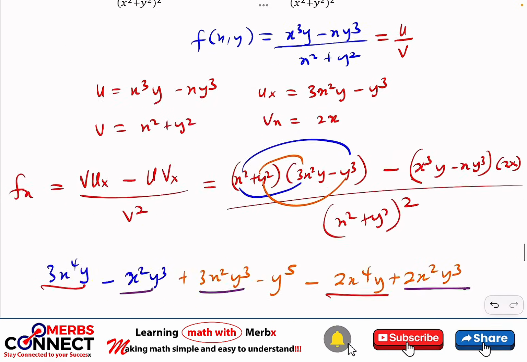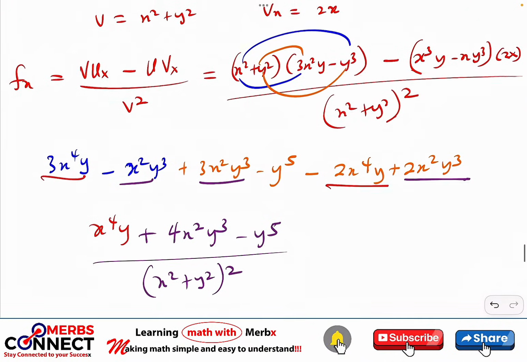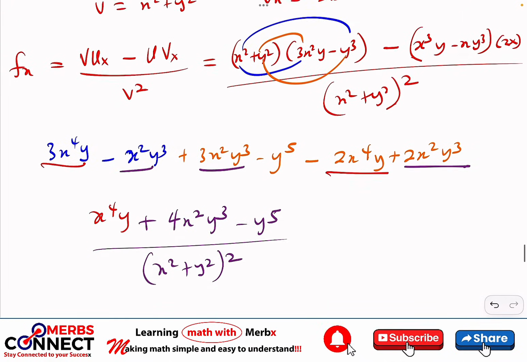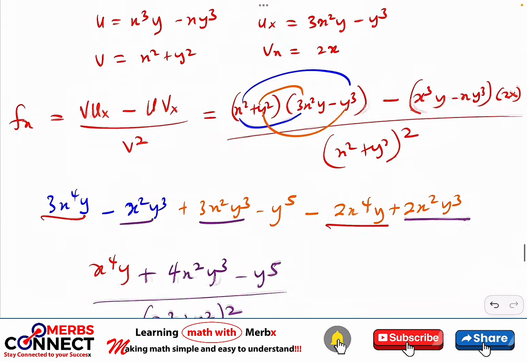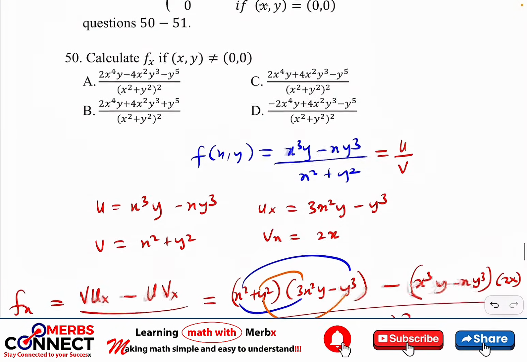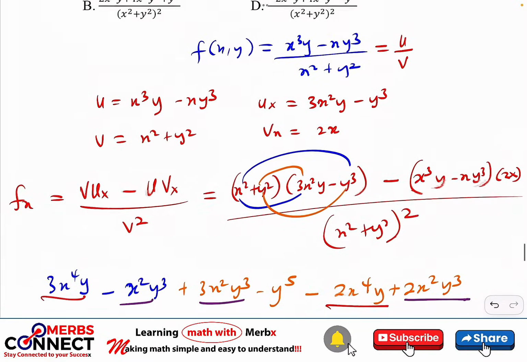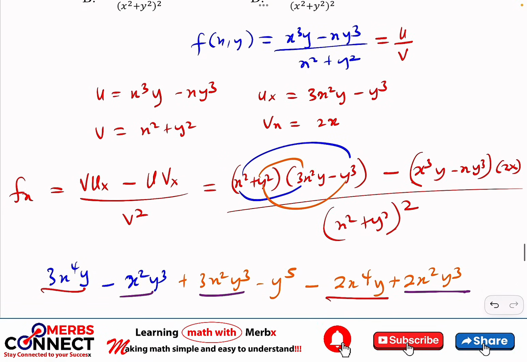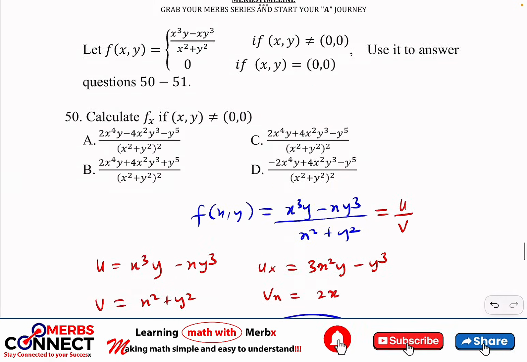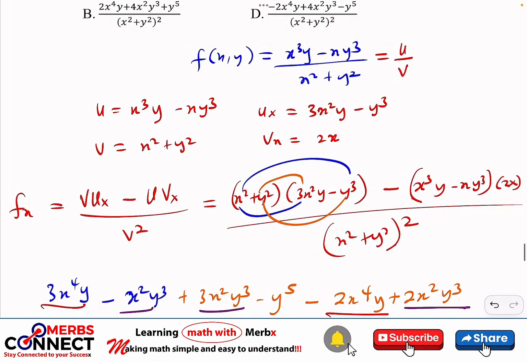Let's check our answer and see if we had it wrong. How did I take the derivative? Oh my bad. Is that true? Yeah, this is my bad. I think that's right?